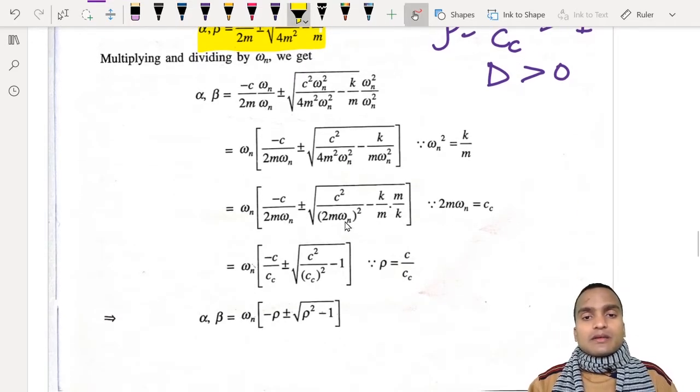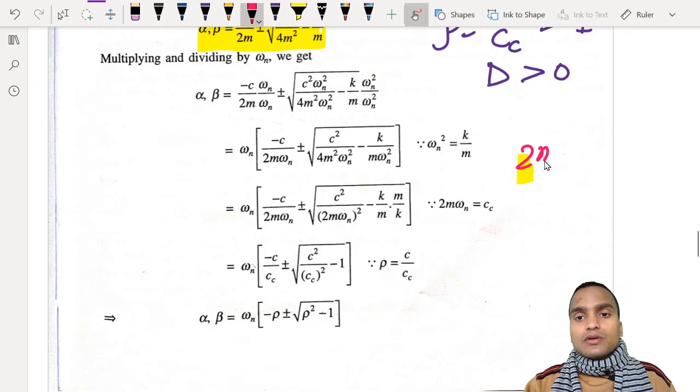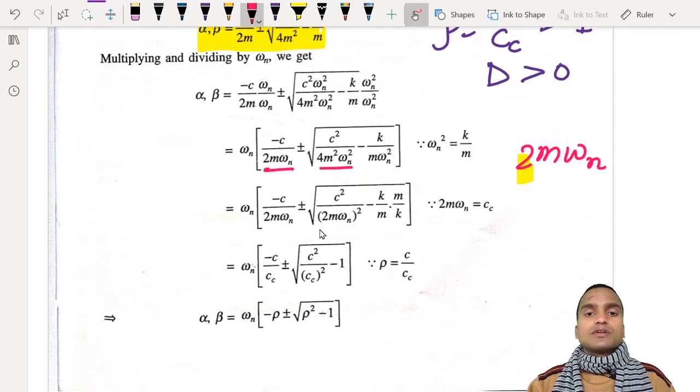And then we have written it in the form of 2m omega n. We see that 2m omega n is coming here in the denominator and here also. So both of these terms, we know that 2m omega n is equal to what? Cc, critical damping coefficient.